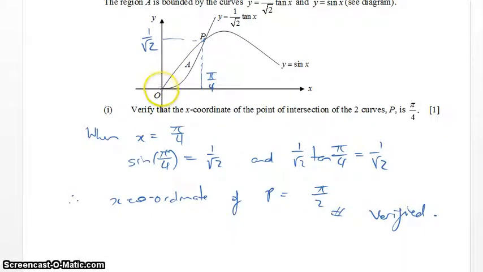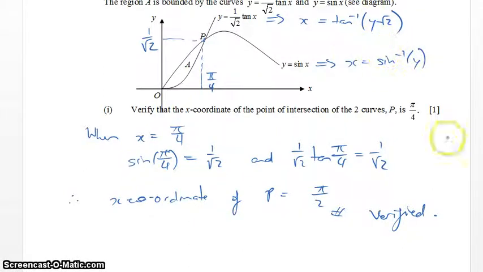So we're going to integrate from 0 to 1 over root 2. This time we have y equals tangent x. That makes x equal to tangent inverse of y root 2. And then this is actually the one underneath this time, so x is equal to sine inverse of y. So we're going to use these two functions.